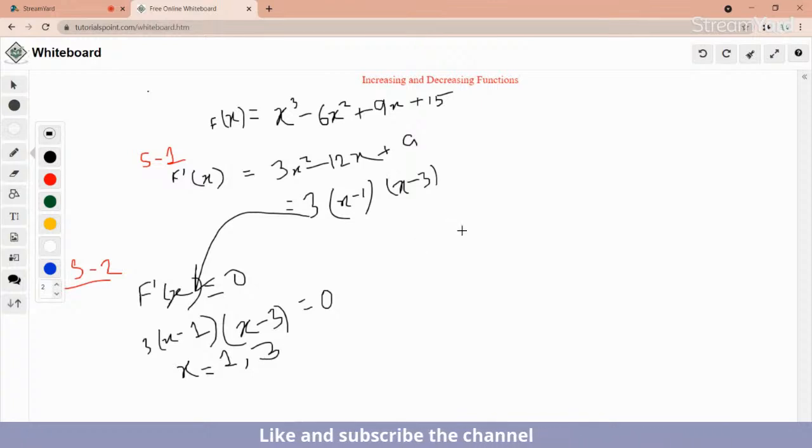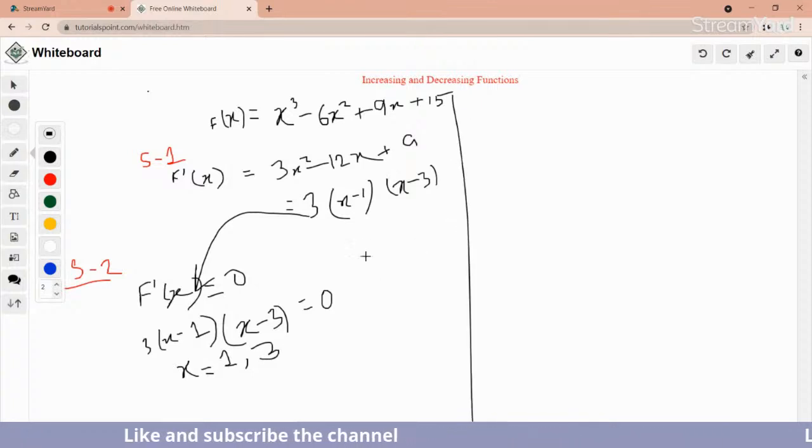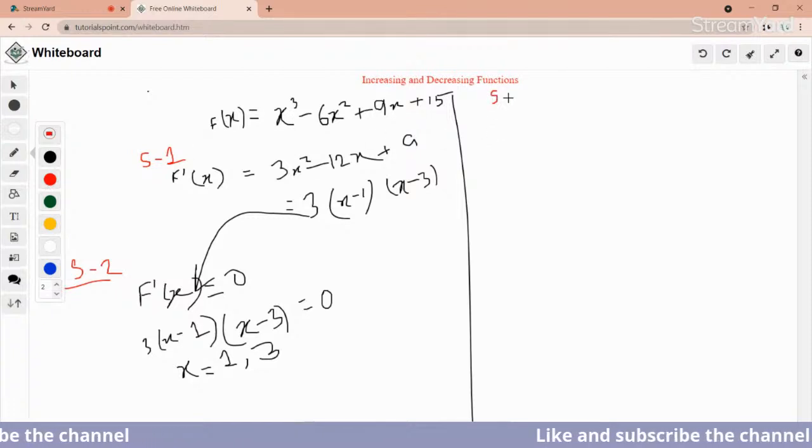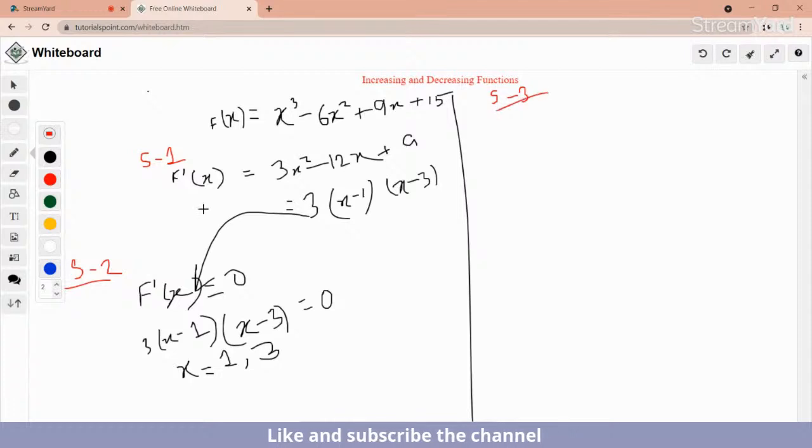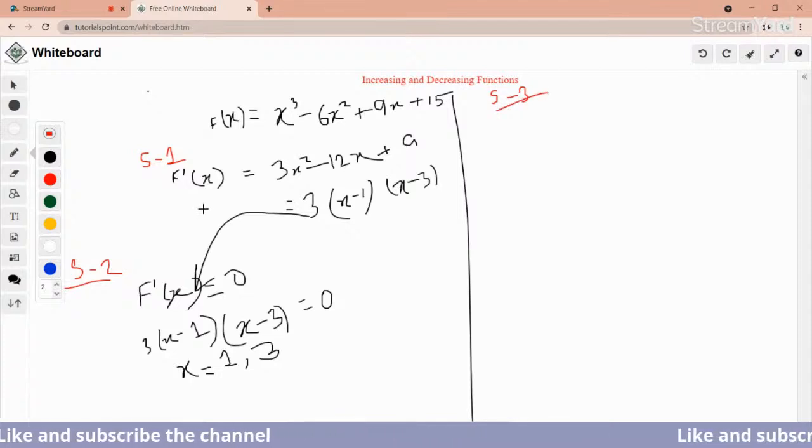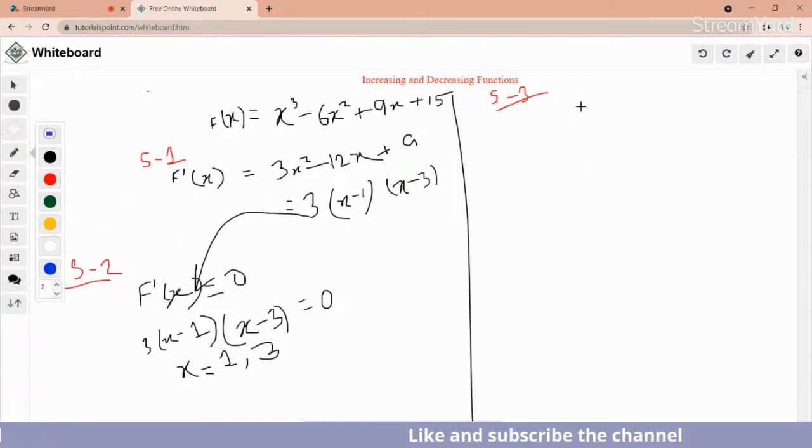Now comes the real step. There's a third step. Always do this step very cautiously. A single mistake, and in an MCQ there are no step marks, you will lose all your marks. What is to be done is to draw a number line.